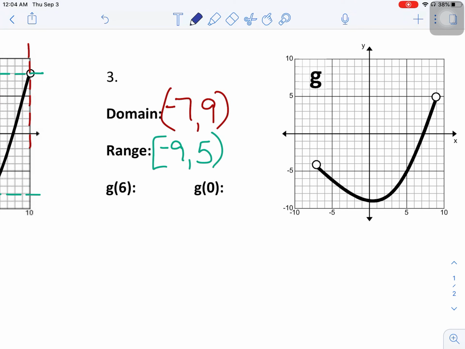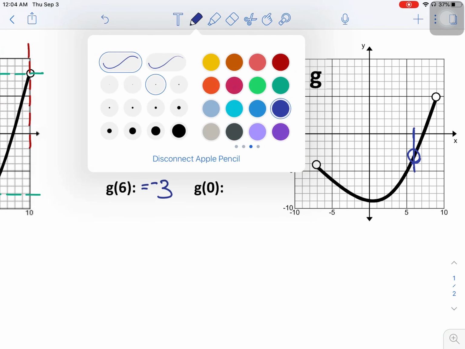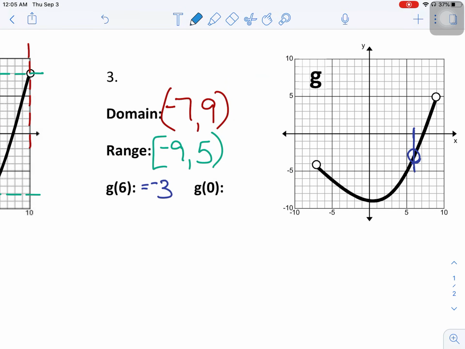Let's see. 6 is right here, so that is right there. That looks like a -3 to me. So I'm just going to put -3 here. And then last but certainly not least, I've got g of 0. So x equals 0 right here. My curve is at -9.